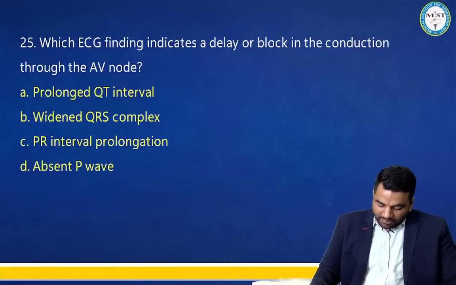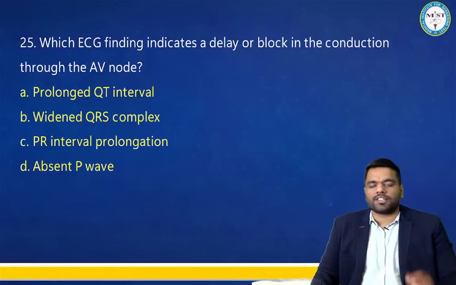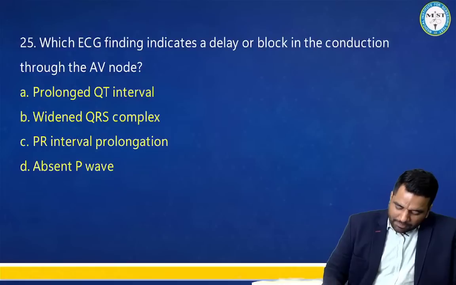So please answer question number 25, which ECG finding indicates a delay or block in the conduction through the AV node. So this tells you the PR interval.